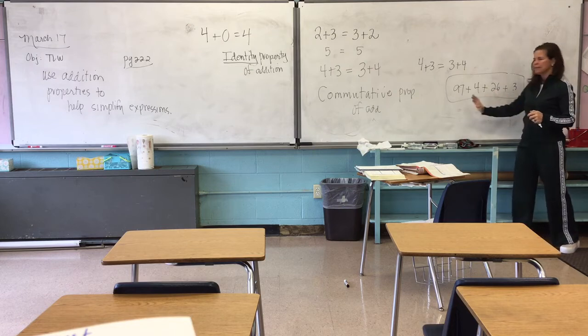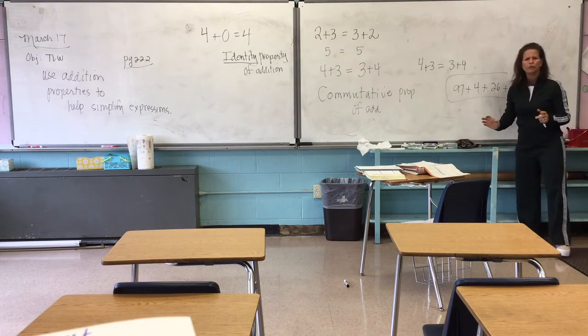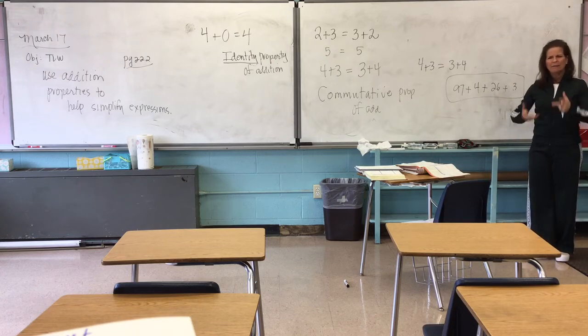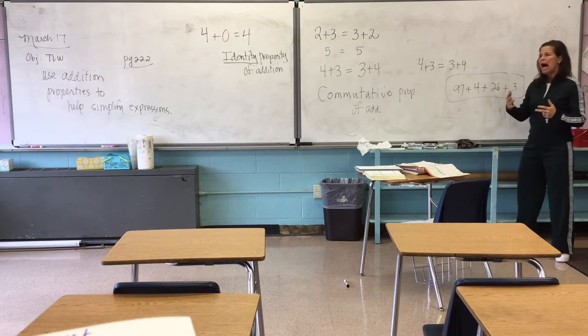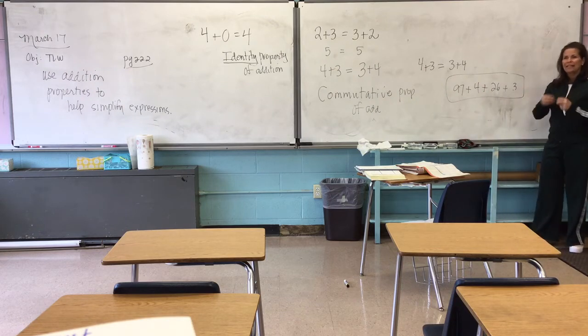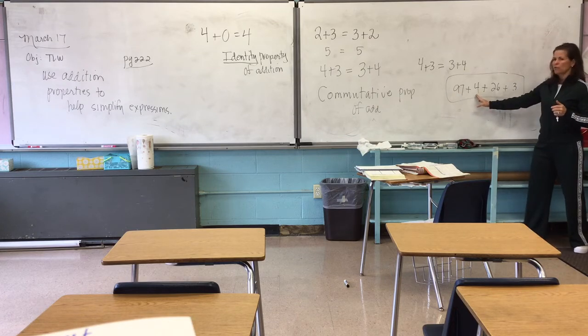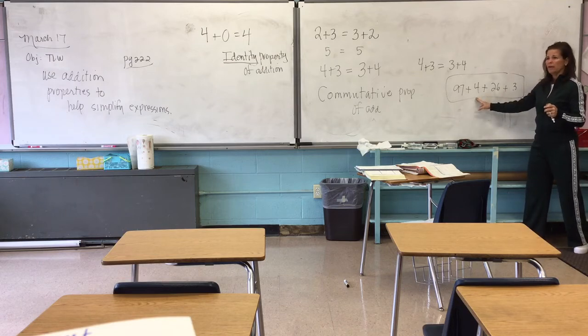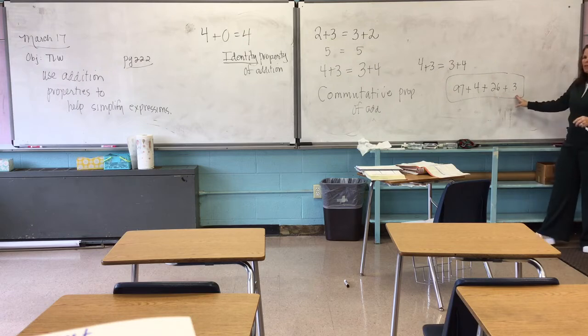We've got all pluses, so I'm just going to go 97 plus 4. Doesn't that hurt your brain? It's not natural. Most of us look for numbers that give us tens. So instead of 97 plus 4, which isn't 10, any form of the number 10, it's 101. And then it's 101 plus 26, and then plus 3.